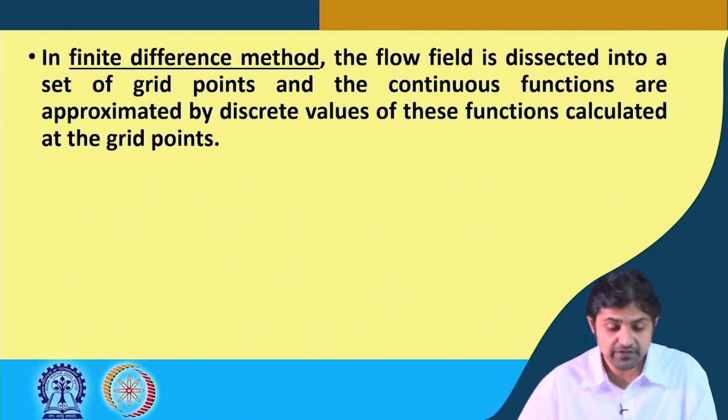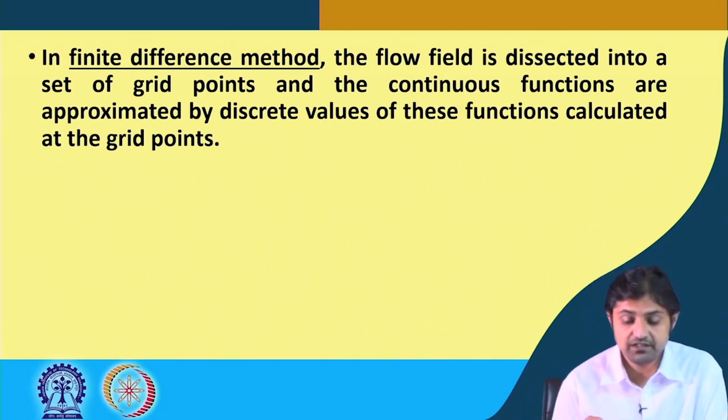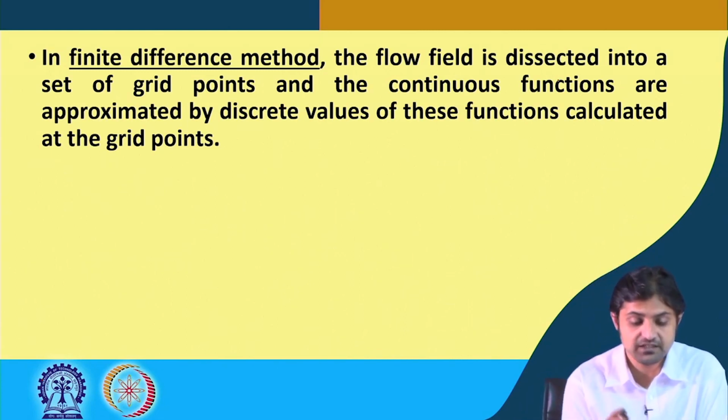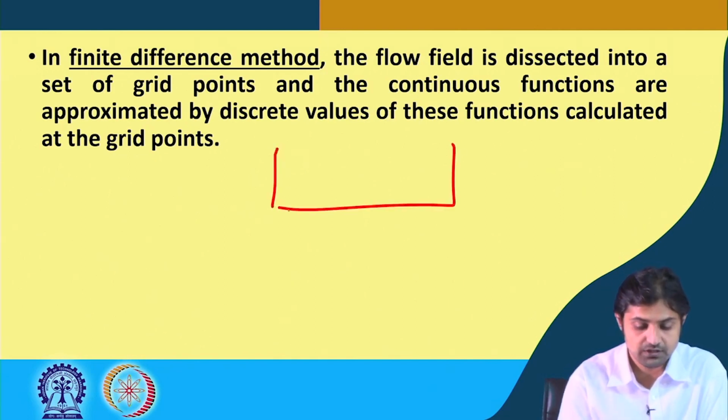In the finite difference method, the flow field is dissected into a set of grid points, and the continuous functions are approximated by discrete values of these functions calculated at grid points. So, what happens in finite difference? The flow field is dissected into a set of grid points, as I showed you. This is one grid, these are grid points in the x direction, and these are grid points in the y direction.